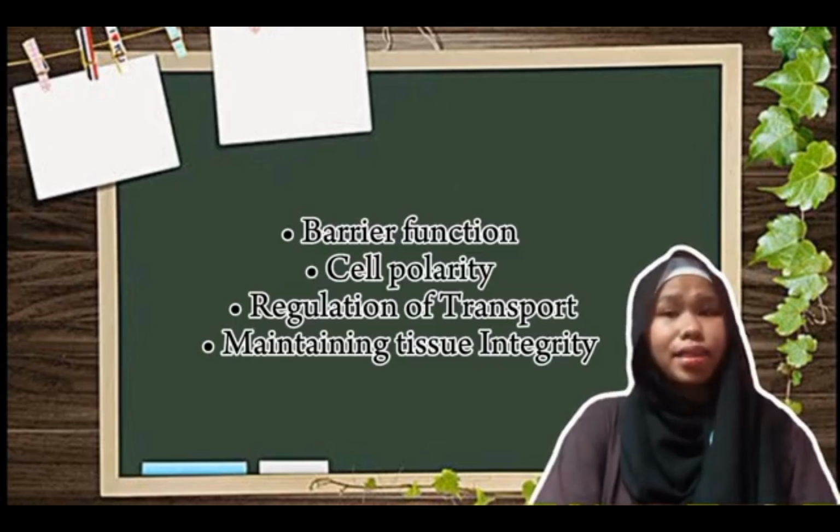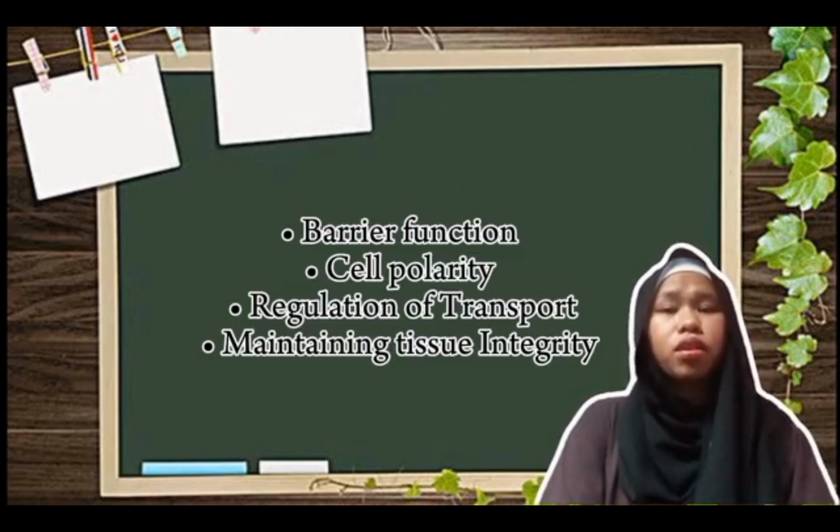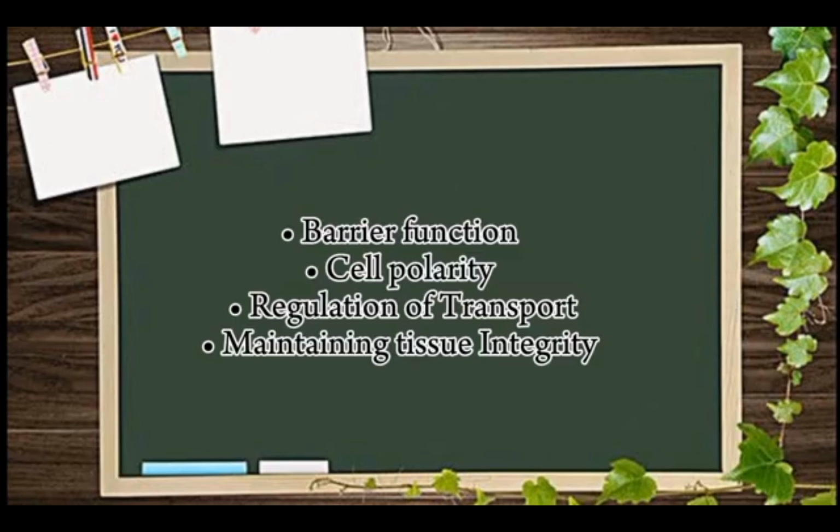In cell polarity, tight junctions help establish a top and a bottom for cells, creating a polarity. This is important for cells that need to have different functions on different sides. For example, in the intestine, the top of the cell absorbs nutrients, while the bottom side faces the bloodstream.